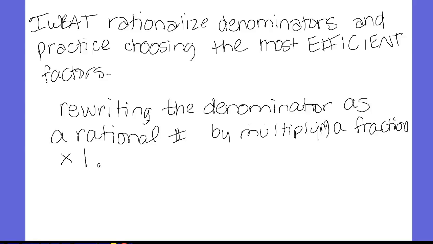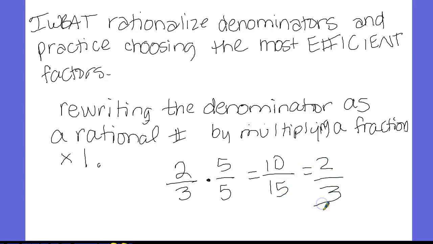So what does that look like? I'll put it in a more basic fraction form. Is this a true statement? If I multiply 2/3 times 5/5, that's times 1, right? Because 5/5 equals 1, right? It gives me an answer of 10/15, but is 10/15 equivalent to 2/3?